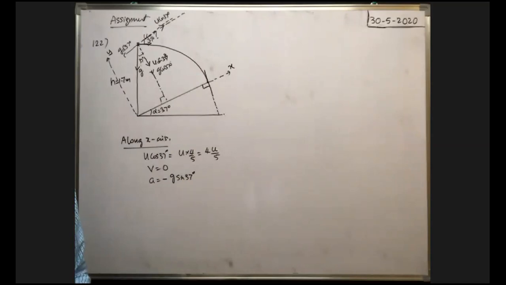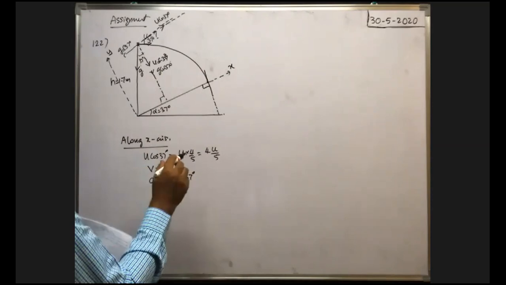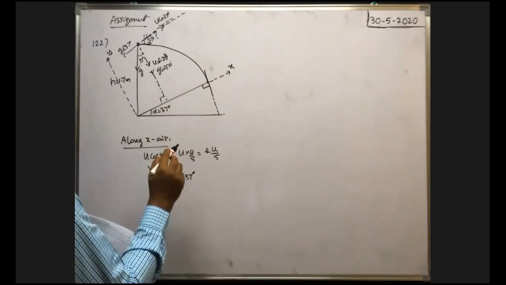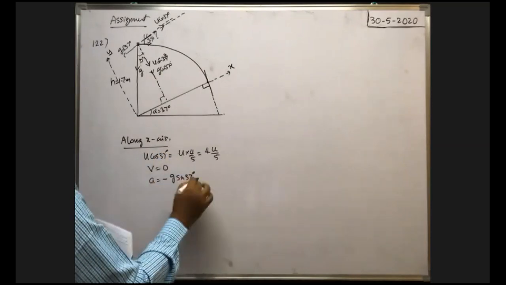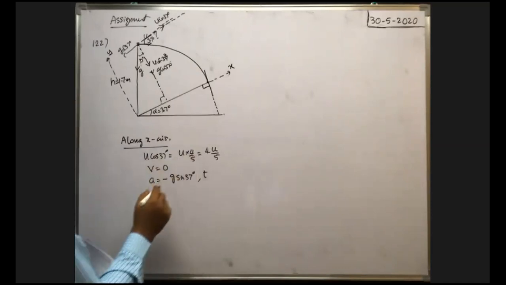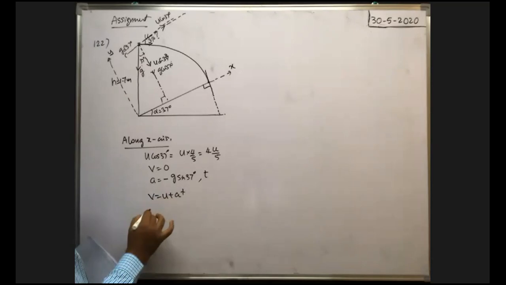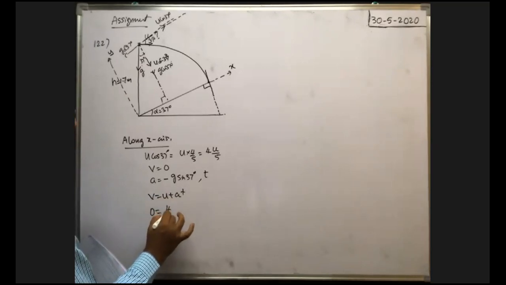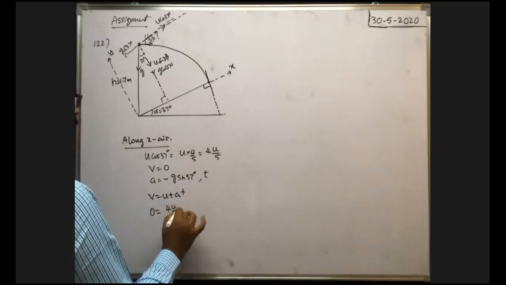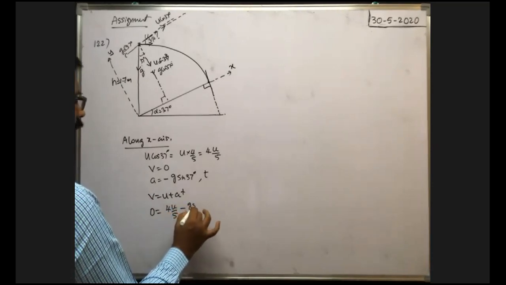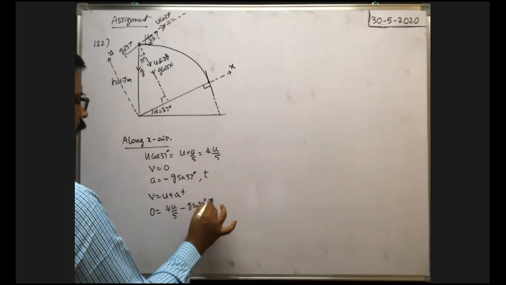Next. What is the relation among them? Initial velocity, time taken, say t. From v equals u plus at: v is 0, u is 4u by 5, and a is minus g sin 37, into t.